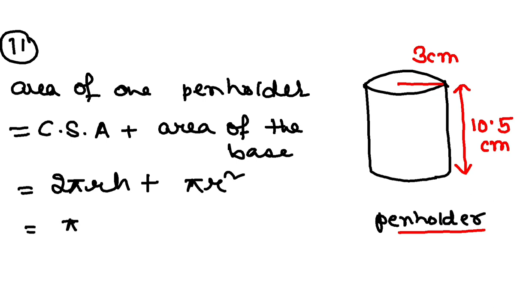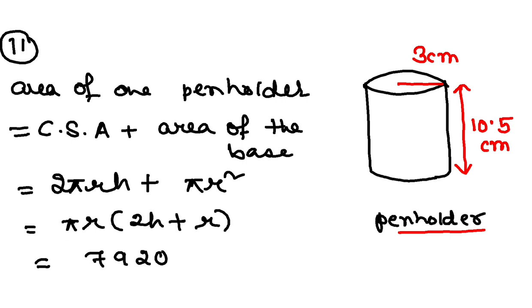So initially I can take pi r common, so I will be having 2h plus r. Then you can put all the values and calculate. Finally you will get 7920 centimeter square. This you will get if you take 35 of them, 35 pen holders.